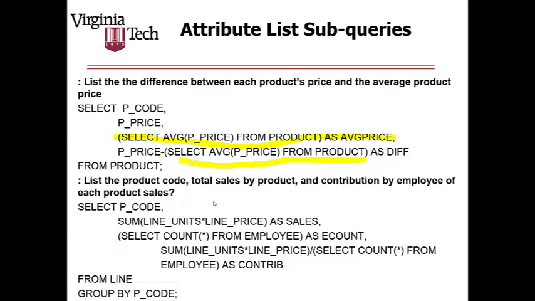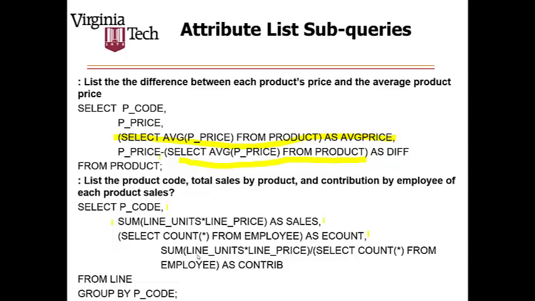Another one, list the product code, total sales by product, contribution by employee of each product sales. All right, so I'm going to select the P code and the sum of the units times the price as sales, and then I'm going to select the count from employee as E count.